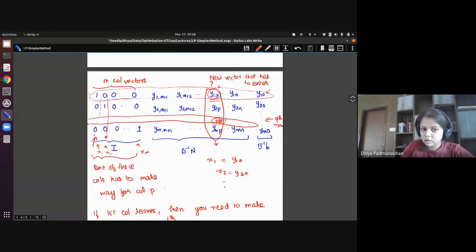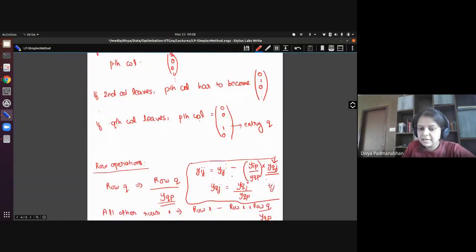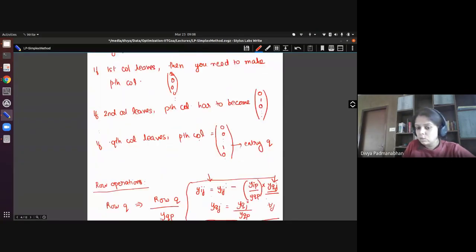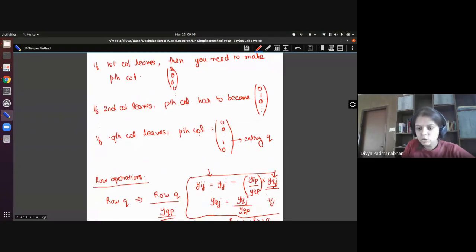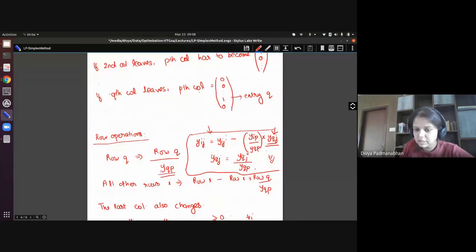So the first row is going to be changed into row 1 minus y_1p by y_qp times row q. That is just what is written here. So y_ij becomes y_ij minus y_ip by y_qp times y_qj, and the qth row you just divide by y_qp.